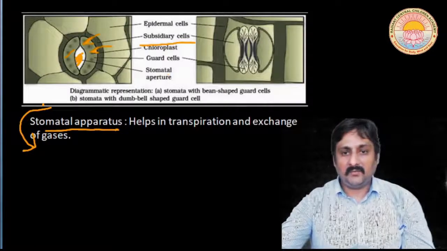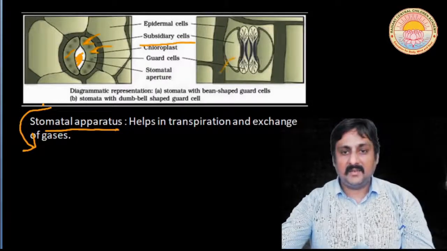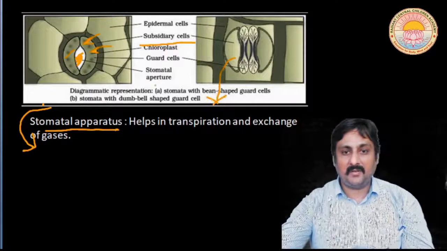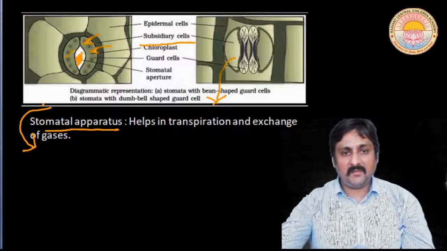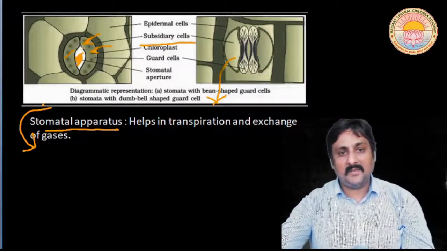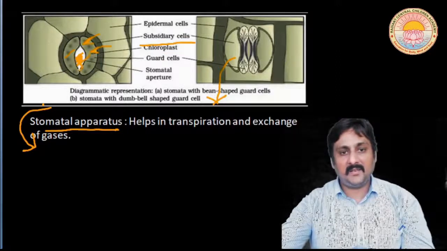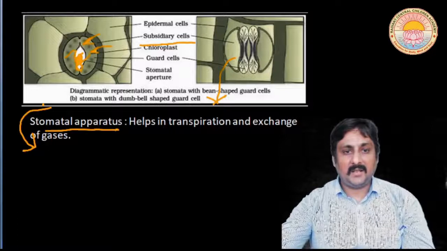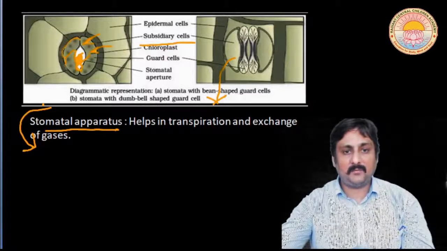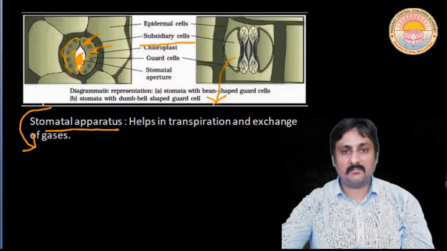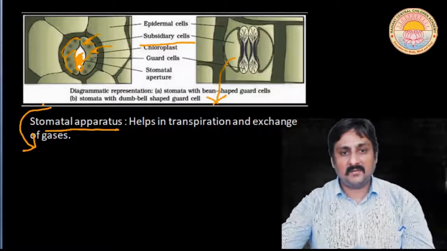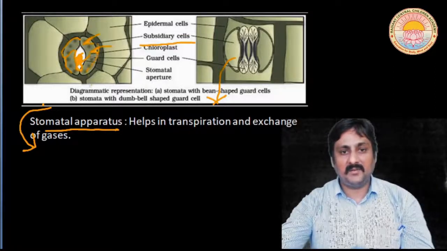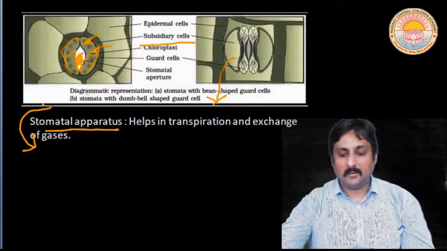In case of grasses you can see the guard cells are dumbbell shaped. If I talk about the guard cells, the part which is facing the stomatal aperture is very thick and the part which is away from the stomatal aperture is considered to be thin. You can see the difference between them.